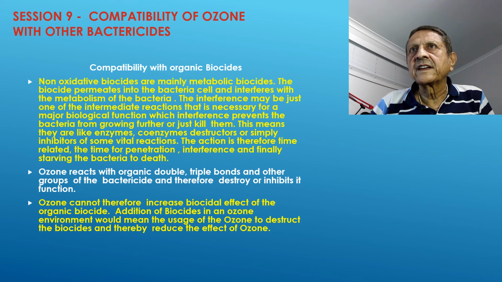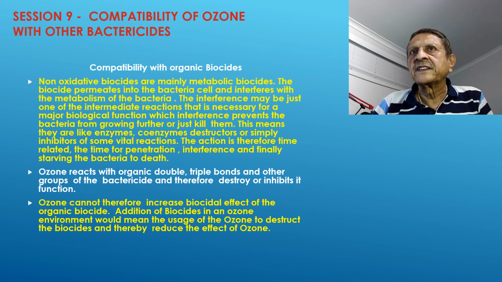In this slide, we'll be discussing the use of organic biocides and inorganic or oxidative biocides, and whether or not they can be used together. First of all, the non-oxidative biocides, which are called metabolic biocides, permeate into the bacterial cell and interfere with the metabolism of bacteria.